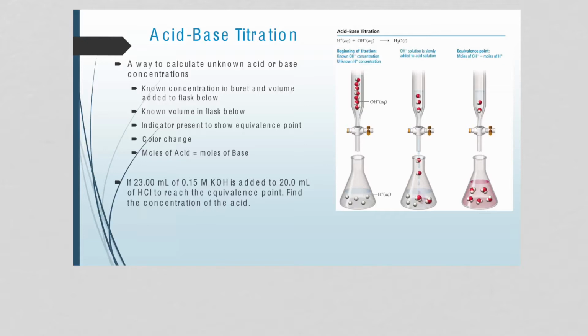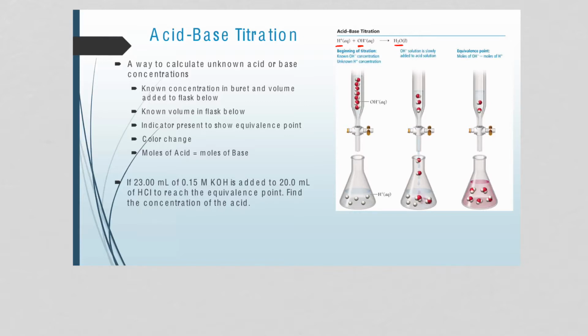Most acid-base neutralization reactions that we've looked at follow a 1-to-1 neutralization, right? So 1 mole of hydrogen reacts with 1 mole of hydroxide to give you water. That's the neutralization part.